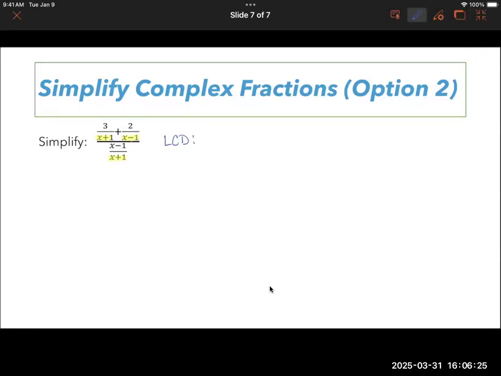Now, in this case, our LCD would be an x plus 1 and an x minus 1. Okay, and so what I'm going to do is take my complex fraction and multiply both the top and the bottom by this LCD.